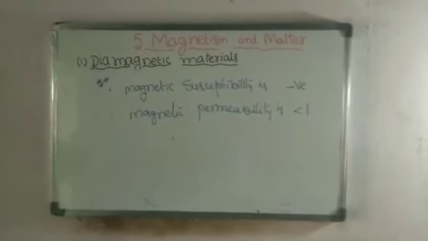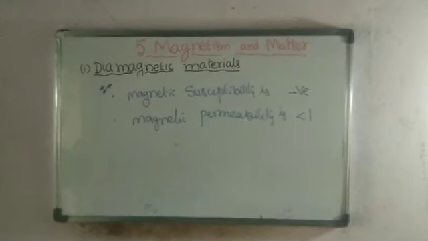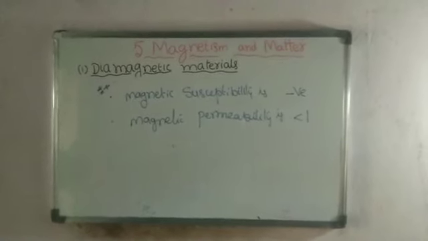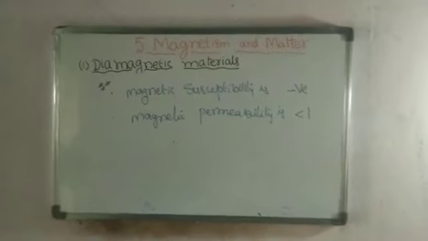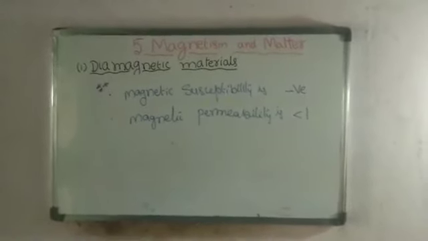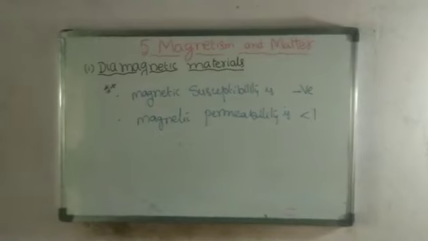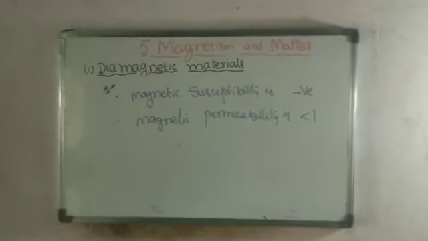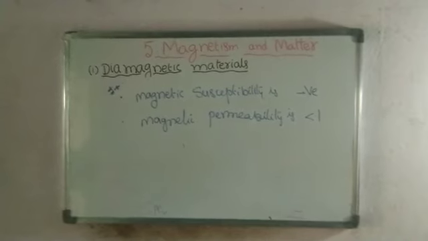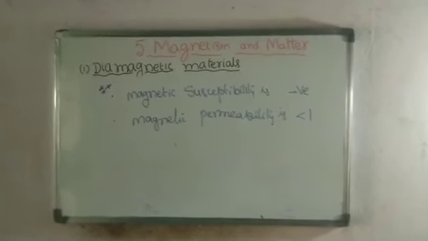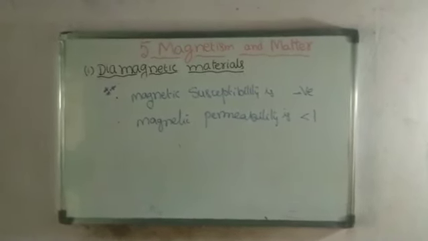Another important property is that the magnetic susceptibility of a diamagnetic material is always negative. The diamagnetic material does not get magnetized, so it is repelled by the external magnetic field. Due to that reason, the susceptibility is always negative.